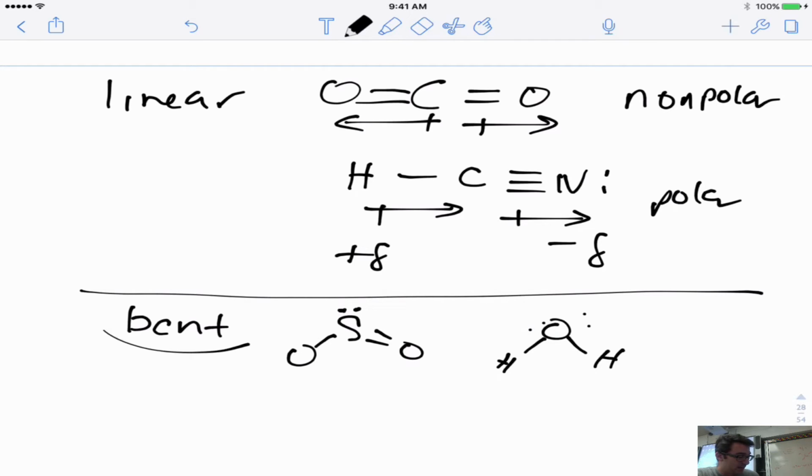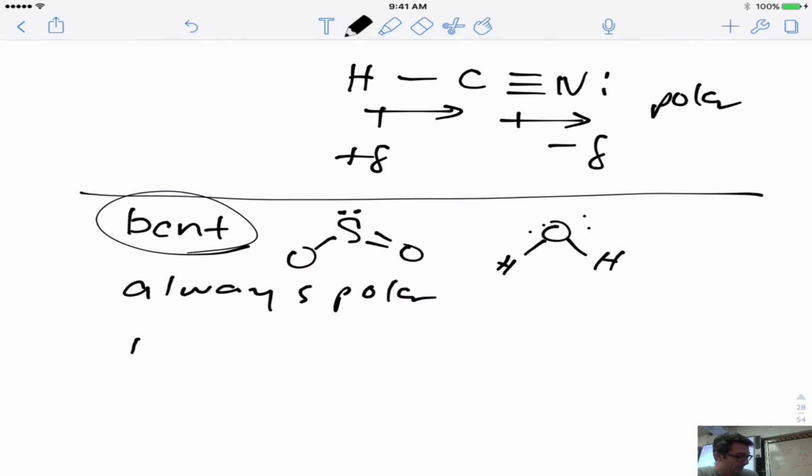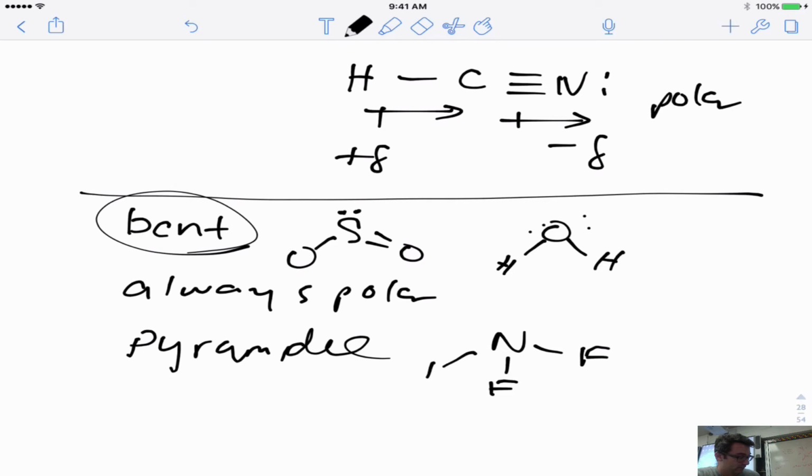And so whenever you're bent, you are always polar. Same thing if you're trigonal pyramidal. You'd have a situation like NF3. Because of the pyramid shape of this and this lone pair forcing these F's into that position, you're always going to be polar. So whether you're bent or pyramidal, the molecule is always polar.